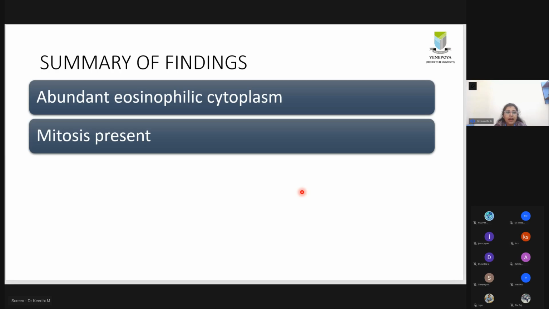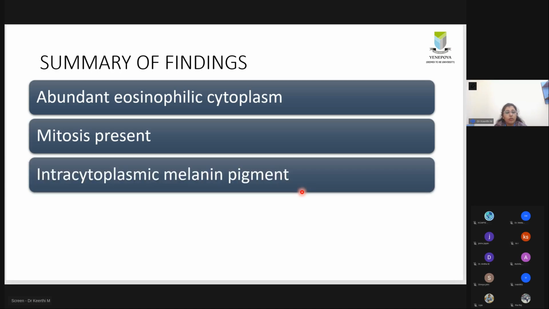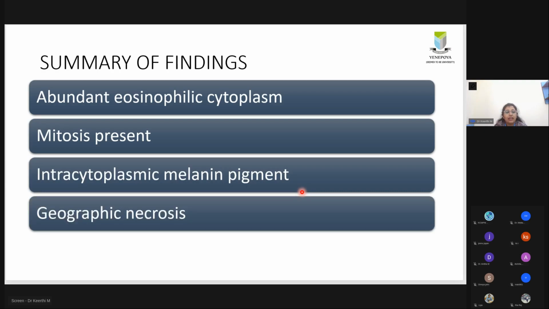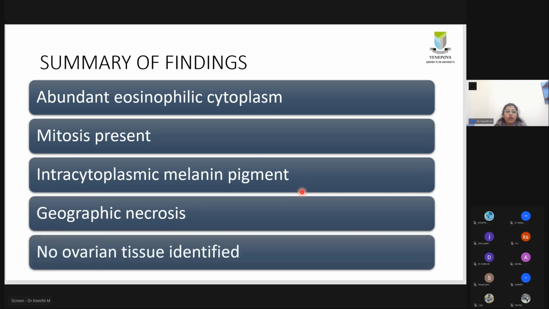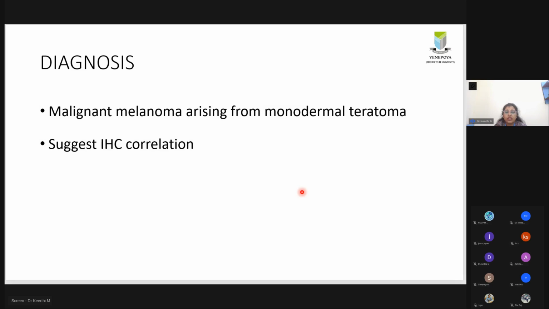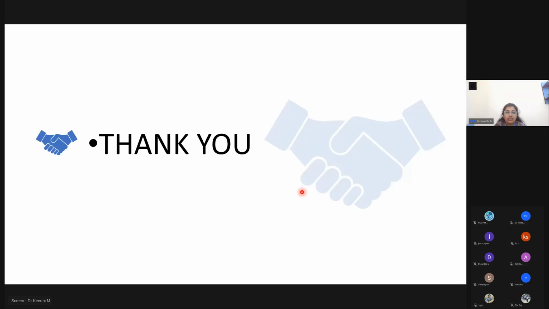Mitoses were sparse, and there was intracytoplasmic melanin pigment, and geographic necrosis was also identified. But there was no ovarian tissue identified in both the slides. So, with all the findings, the diagnosis is malignant melanoma arising from monodermal teratoma. We suggest IHC for further correlation. Thank you.